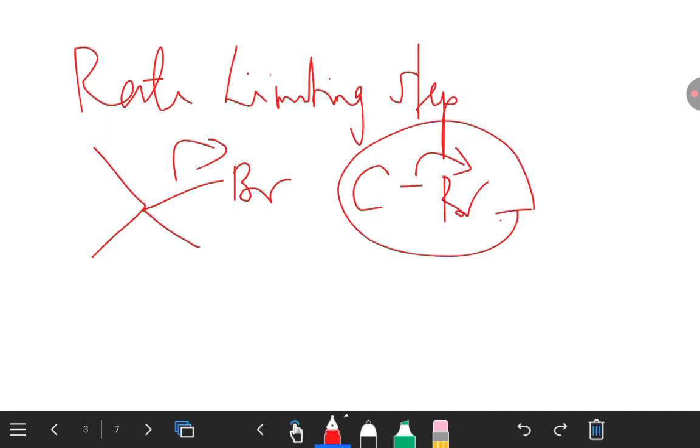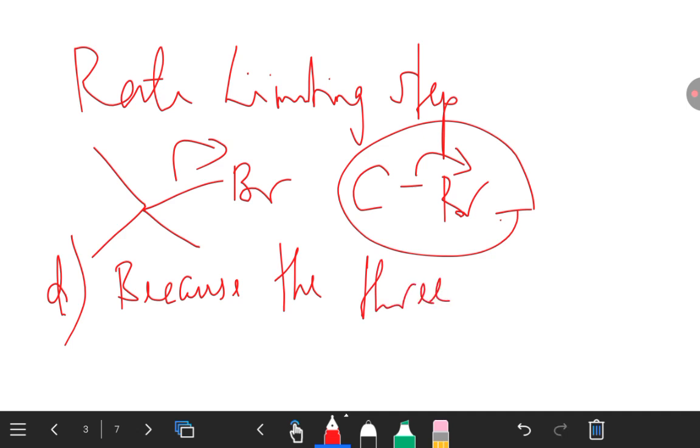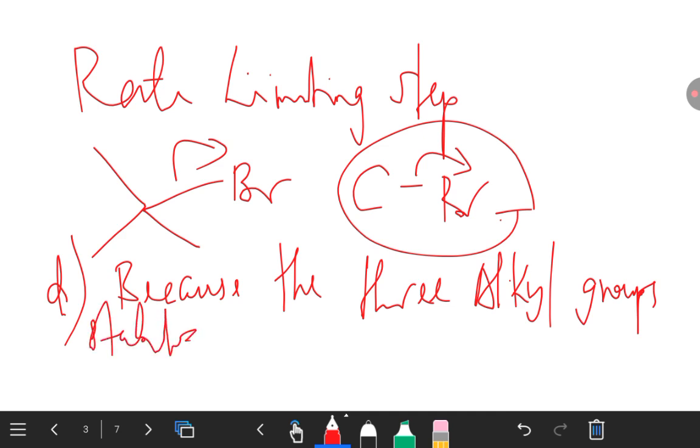So the reason for part D is that the 3 alkyl groups are able to stabilize the positive charge.